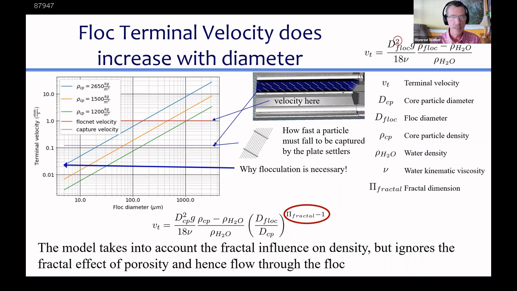And so when the flock is dropping through the water, it's going to drop a little bit faster than what we're predicting because there's some flow right through the flock. We have not yet taken that into account. I think it's a pretty small effect, but we're not modeling that here.